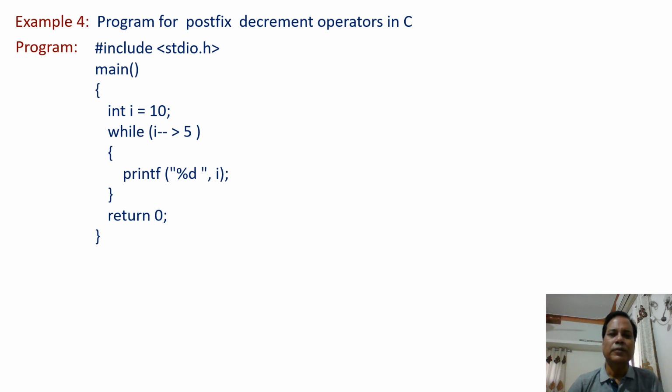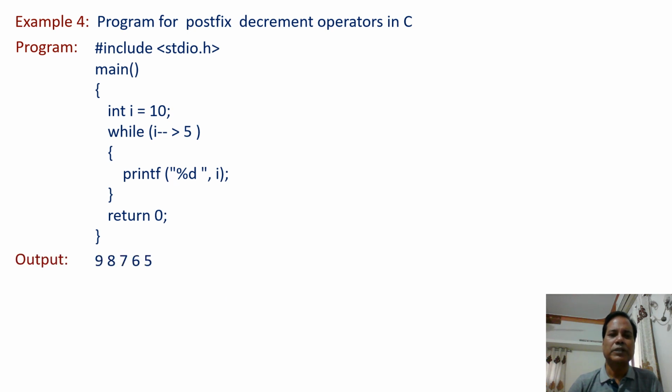So 9, 8, 7, 6 are printed on the output screen. When the value of I becomes 5, then 5 > 5 is false, and control comes out of the while loop, and then it is the end of the program.